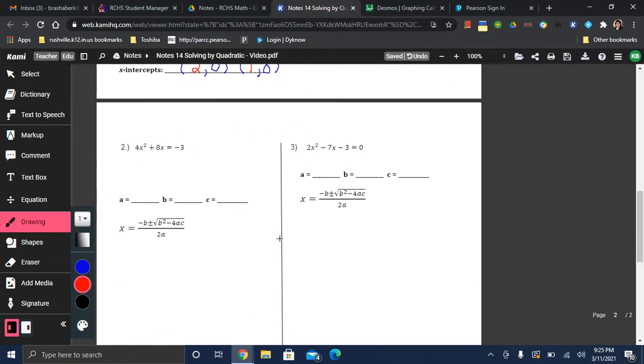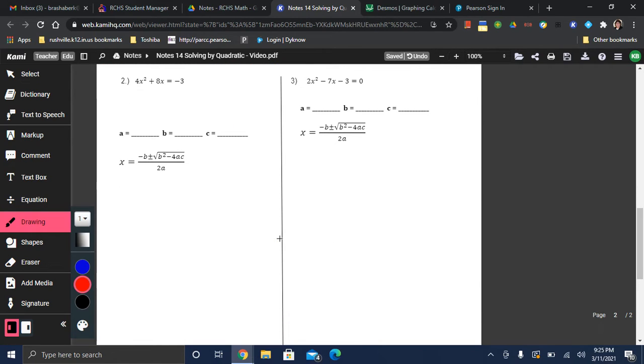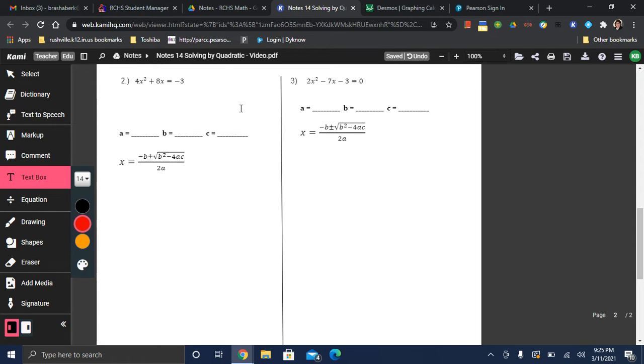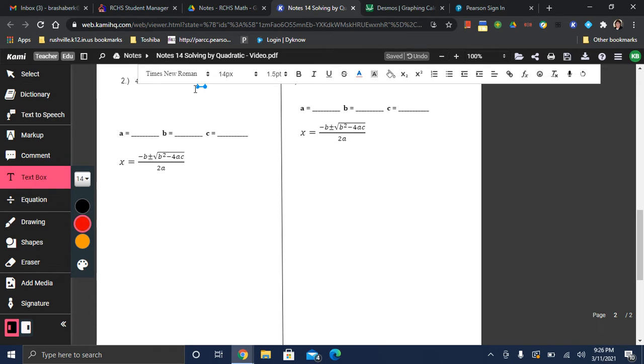All right, so let's take a look at our next problem. Now, this one's actually going to have just a little bit extra at the beginning because this problem does not equal 0. And so the first thing that you're going to need to do is get the equation equal to 0.